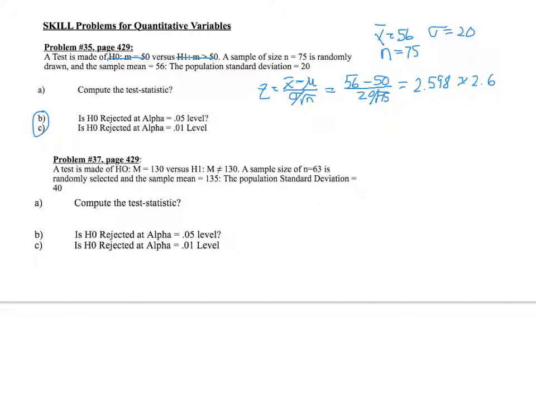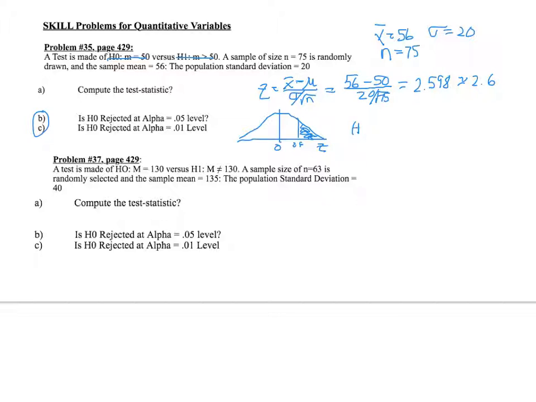Now, in order for us to answer B and C, we have to calculate a p-value. And so what we do is we go to the table, and when we go to the table, we look at the z value. Here the z value is 2.6, right? So we're looking at, here is 0, here is 2.6 on the table, and we're looking for this area here. Why?